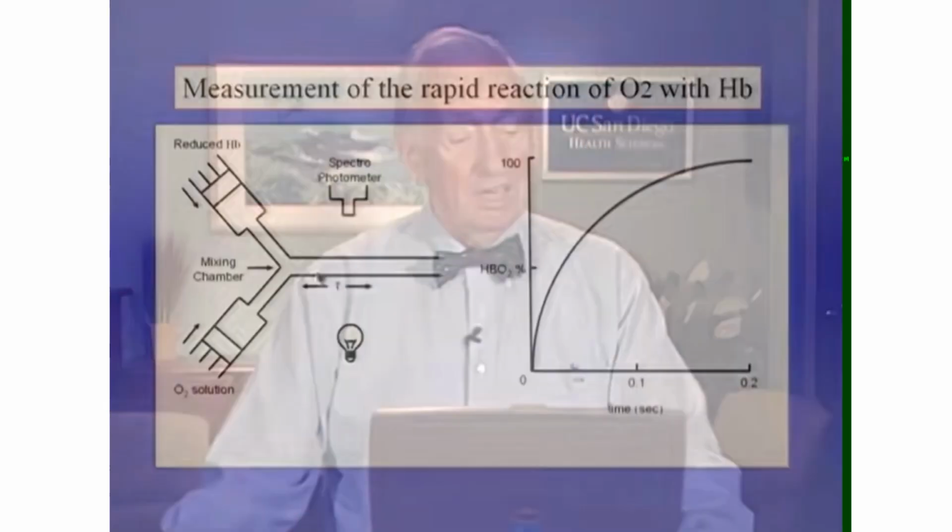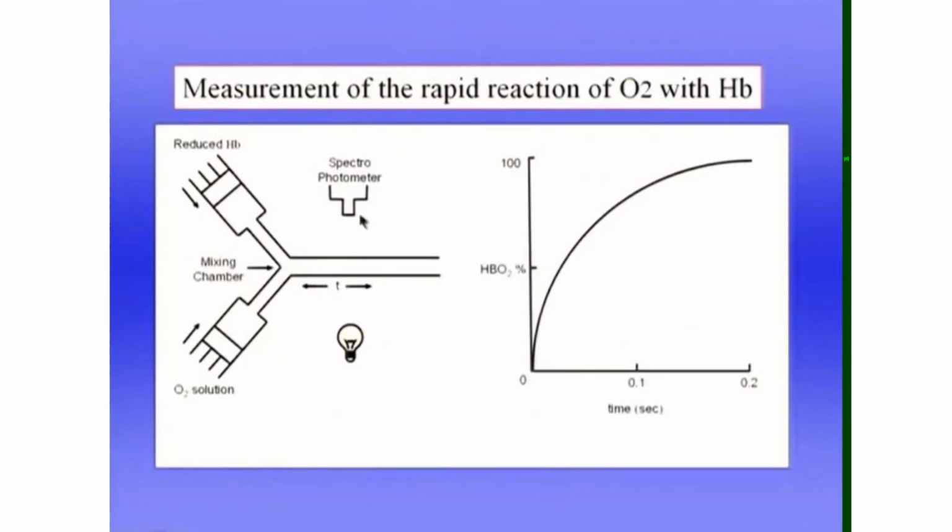We've mentioned that already. Oxygenated hemoglobin is nice and red. That's why a healthy person looks nice and red. Reduced hemoglobin is blue, and a patient with severe lung disease therefore looks blue, is cyanosed. So we can detect the change in the oxygenation of hemoglobin using a spectrophotometer at any particular point.